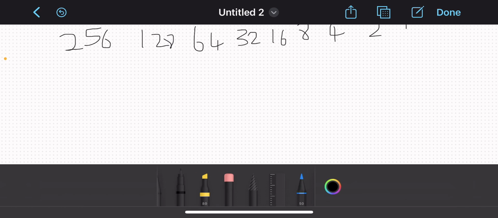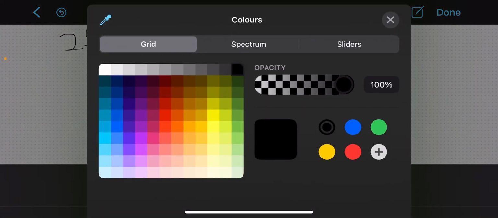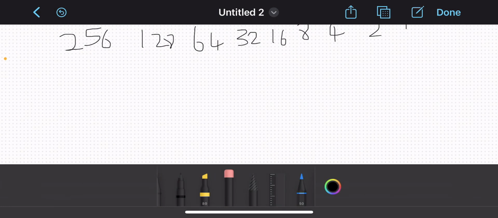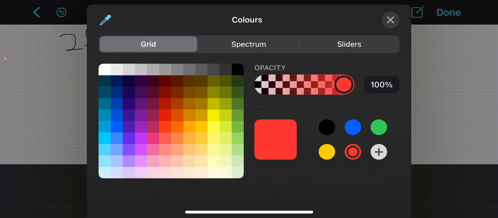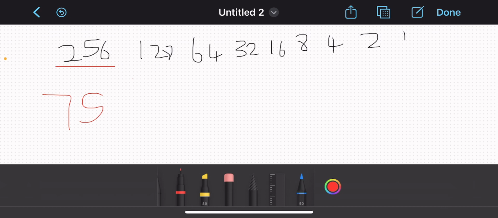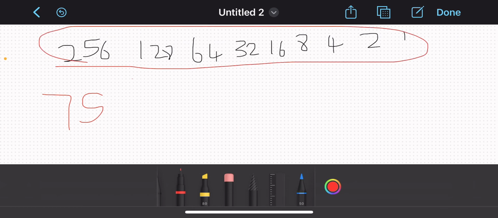Given that we want to convert 75 to binary, we want to convert 75. So why are these numbers important? They're important because we use them for conversion.